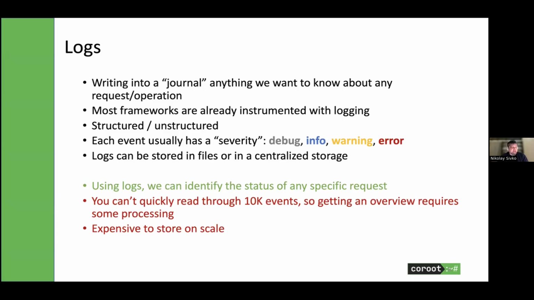Usually when we're talking about logs, they can be split into structured or unstructured. Structured logs can be parsed, and some metrics can be extracted right from the logs. Usually each log line and message has some severity, like warning, error, debug, for easy filtering.